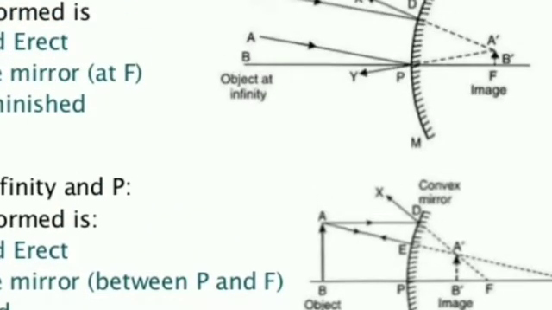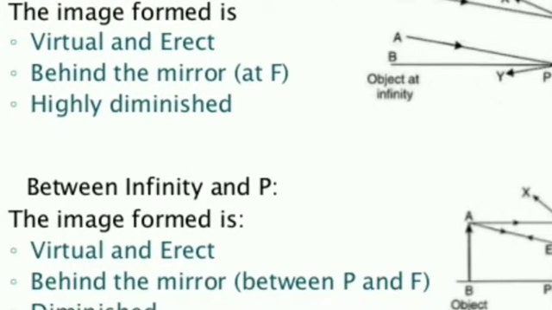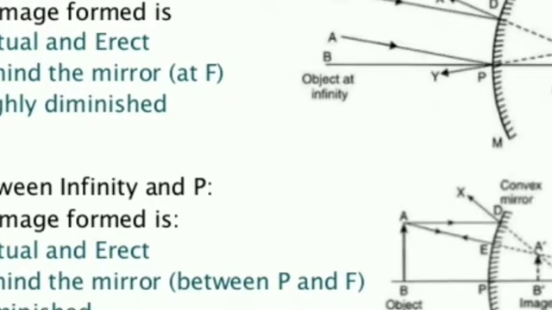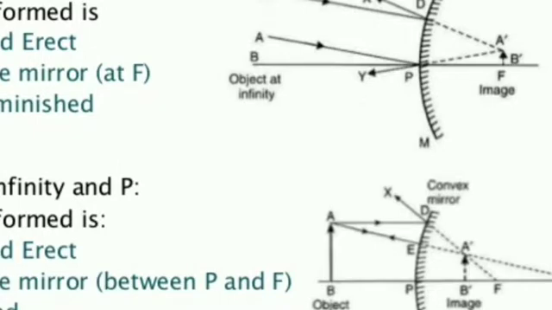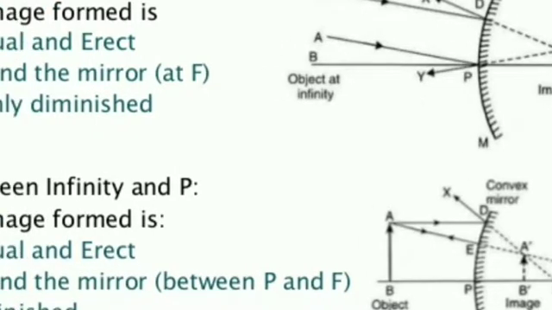The real image is not formed. And how did you come to know that it is virtual? It is behind the mirror. We have shown this with a dotted line, which indicates that it is virtual and erect. And it is highly diminished. Diminished means it cannot be clear.